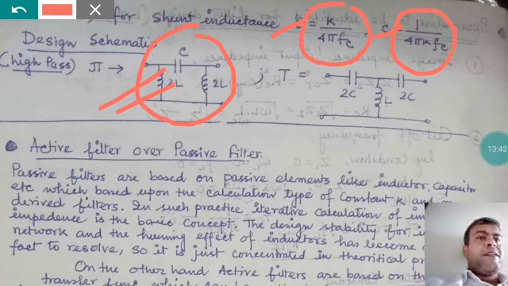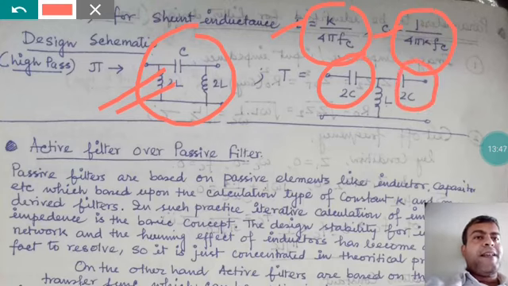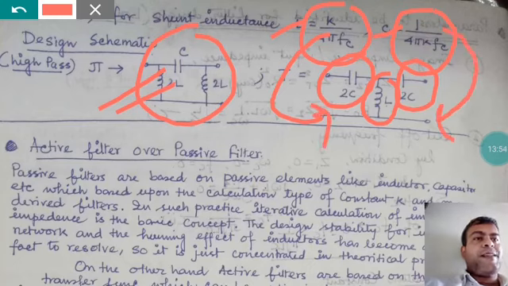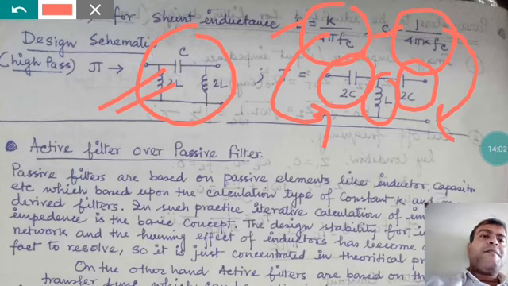In the case of the T network, the C will be doubled, 2C here and 2C here, and the L is 2L, right here is L. The same values can be used to get the T network, or you can take some Z parameter or Y parameter transformation on this particular one. You will easily get the design schematic of the high pass filter in the pi and T formation.